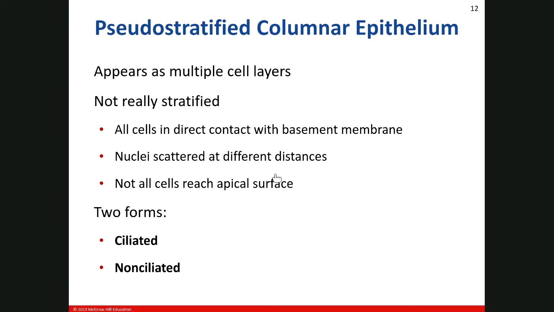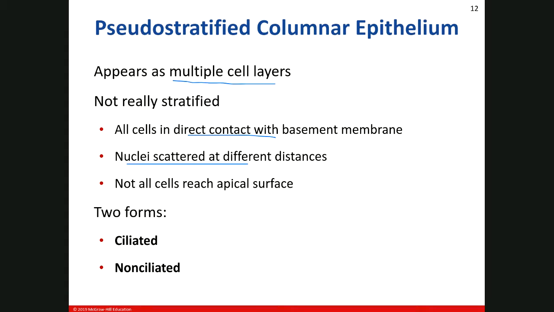Pseudostratified columnar epithelium. This is that type of epithelium that looks like it has multiple layers, but it is not stratified. Again, all the cells are in direct contact with that basement membrane. What makes it look stratified is that the nuclei are scattered at different distances.